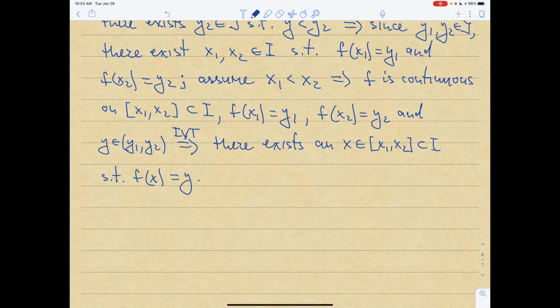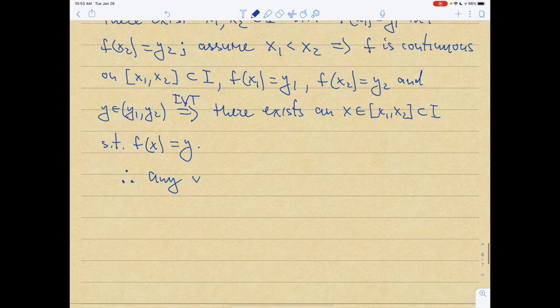So with this, we can now make the following conclusion, that any value, right, because I chose y randomly between the infimum of J and the supremum of J, so any number y between the infimum of J and the supremum of J is in the range of f.